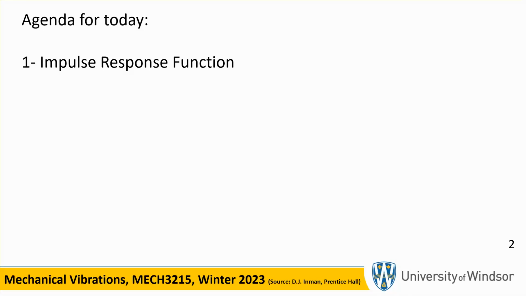The next 3 weeks, we said, okay, it's a forced vibration, but the right-hand side is a very special type of function. It's a harmonic or what is also called sinusoidal.